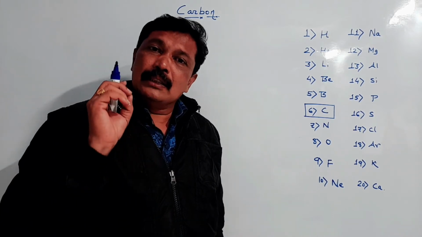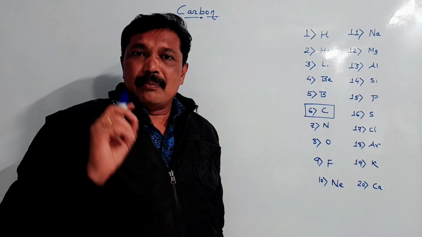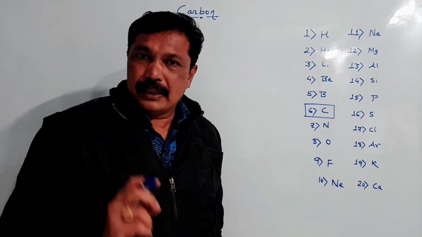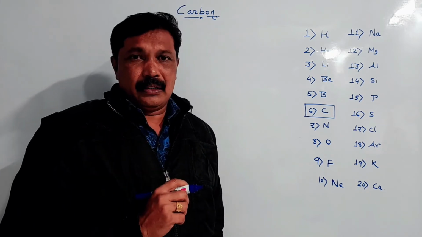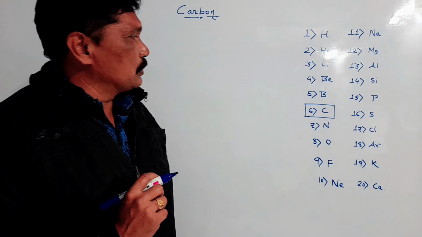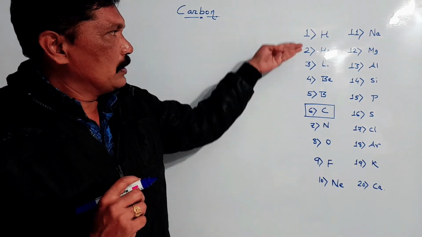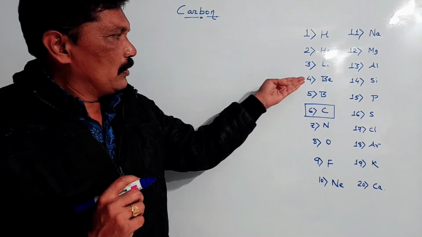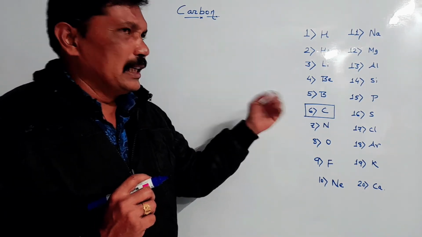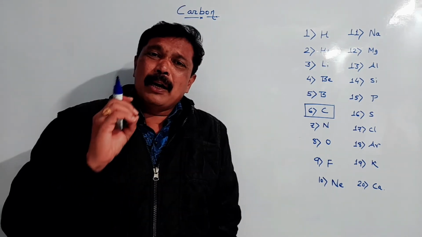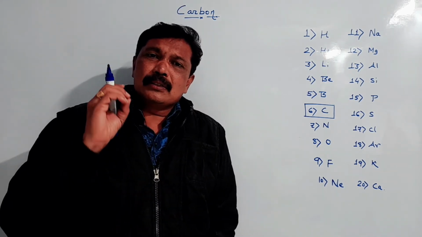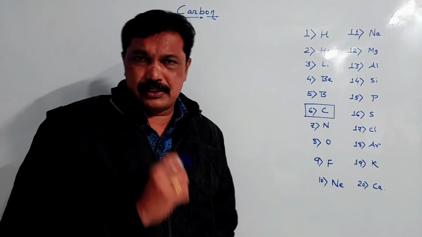Carbon is represented by capital letter C. If you see the sequence, my dear student, 1, 2, 3, 4, 5, 6, carbon takes place at the number 6.